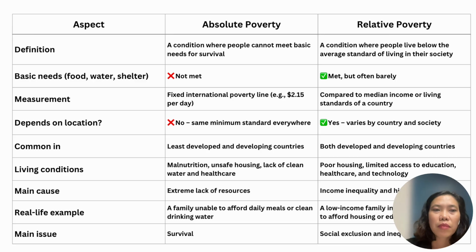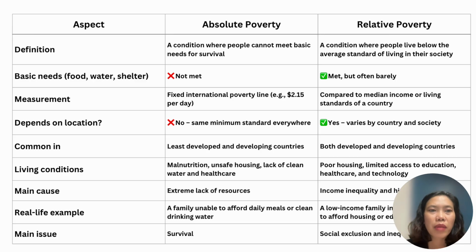So it doesn't mean that they don't meet the basic needs. In absolute poverty, the basic needs like food, water, and shelter are not being met, while in relative poverty they are being met, but maybe on a different level or sometimes barely.